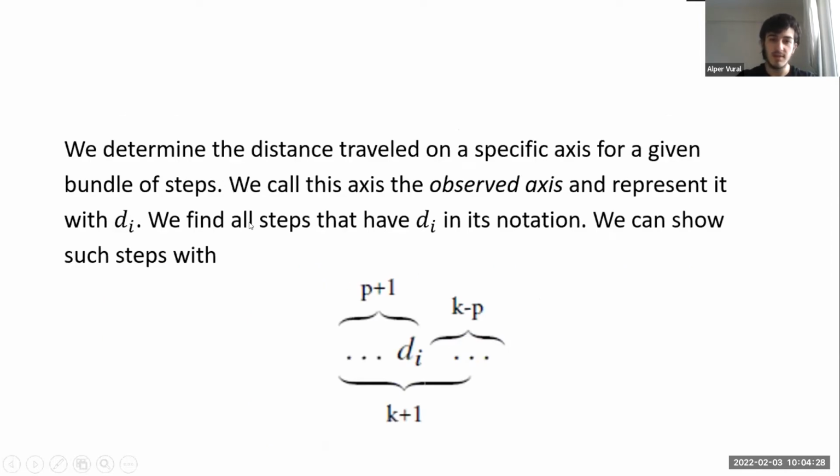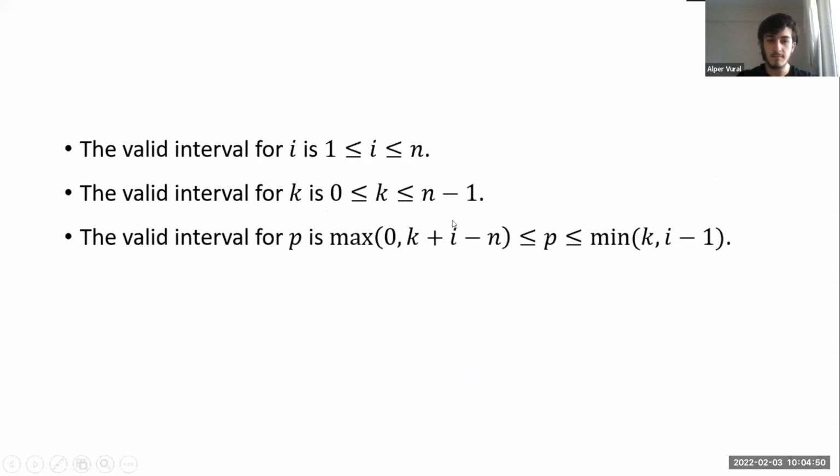We determine the distance traveled on a specific axis for a given bundle of steps. We call this axis the observed axis and represent it with di. We find all steps that have di in their notation. We can show such steps in this form, where p is the number of axes that are written before the observed axis, and k plus 1 is the length of the step.